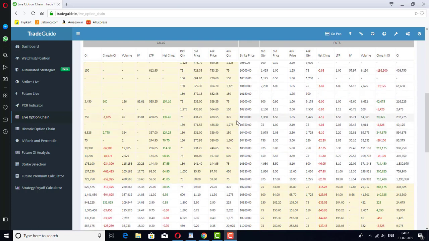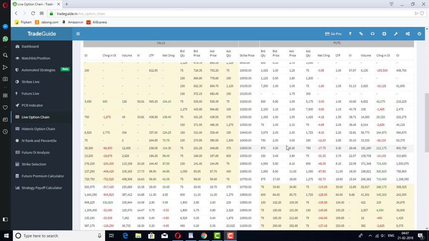One more thing that is to be covered is that at various strike prices you see the volume to be zero and other data is also zero. So what does this mean? What this generally means is that there is no market sentiment regarding that particular strike price.